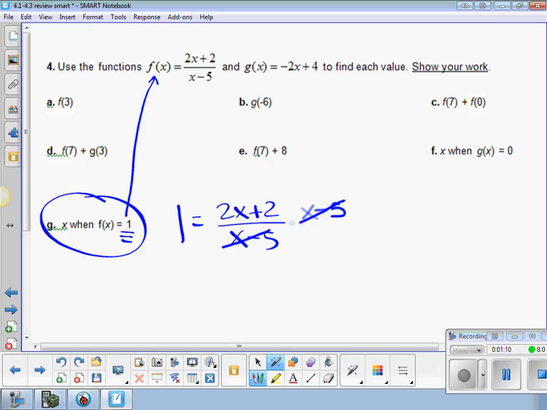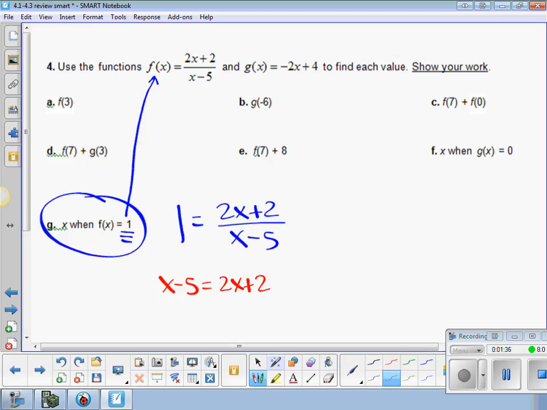Basically, x minus 5 will come over to the left, because what's x minus 5 times 1? X minus 5. Once it cancels out from here, what's left on the right? 2x plus 2.